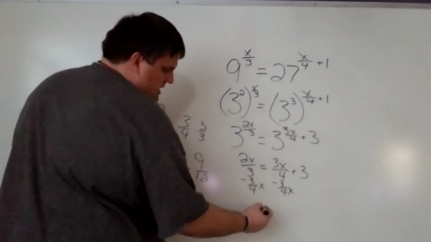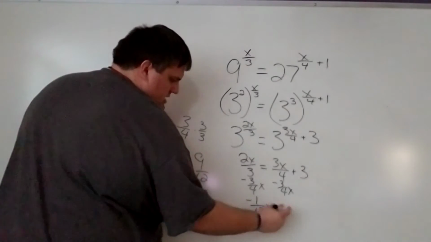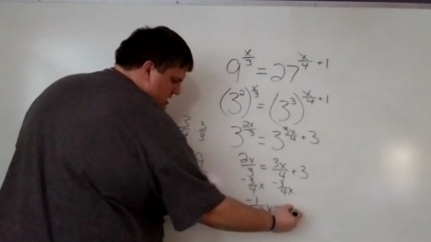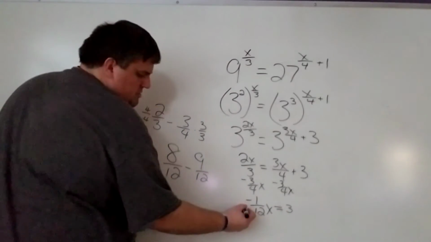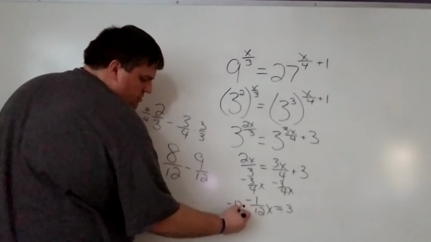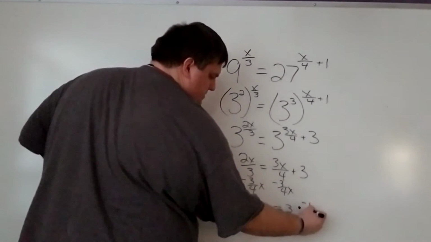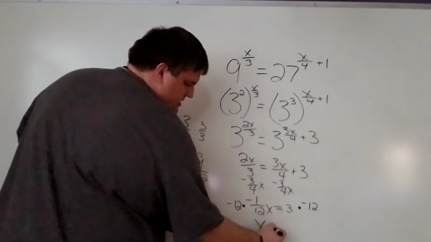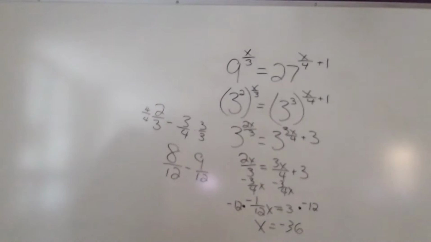So that's going to be negative 1/12 x equals 3. And then multiply by negative 12, or negative 12 over 1, that's the reciprocal. So x is going to be negative 36. Oh yeah, just at the bottom of the screen there. Nice.